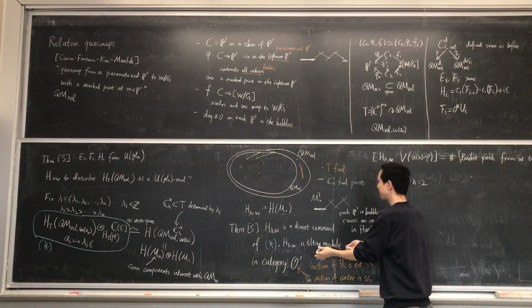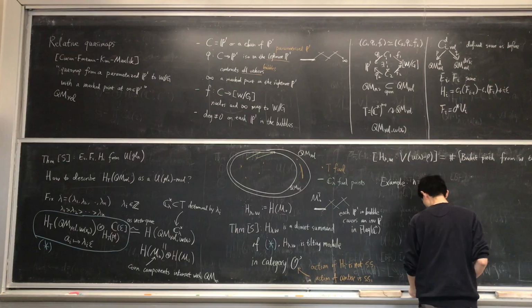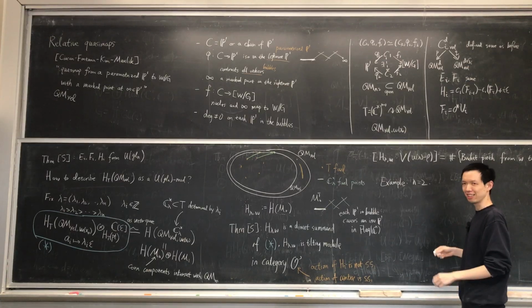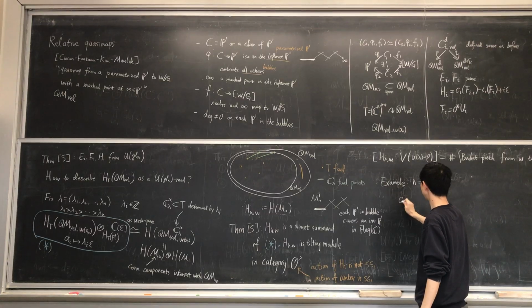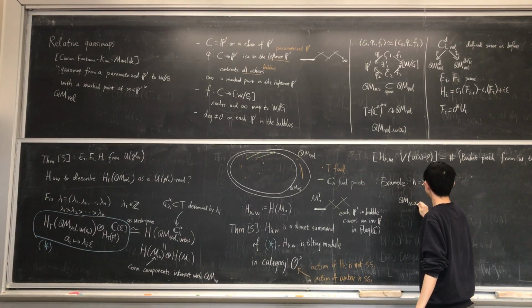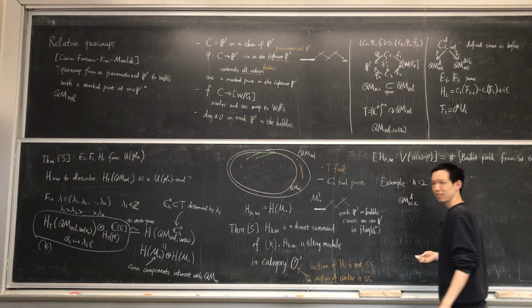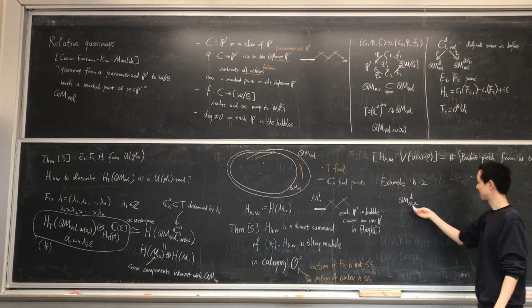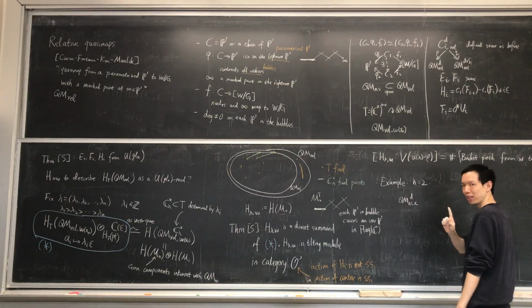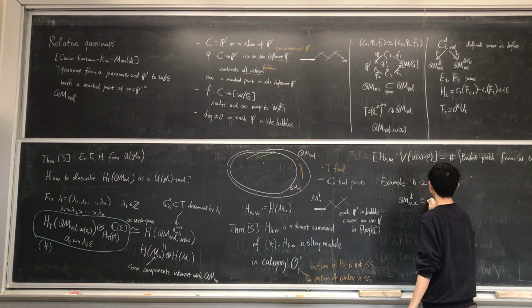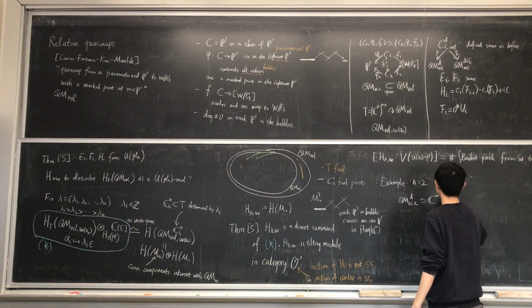So in general, this thing could be very complicated, but for n equal to 2, the things become very simple. So first, if we look at the non-singular quasimaps of degree d, and in this case, d is just one integer, this is isomorphic to C to the power 2d.